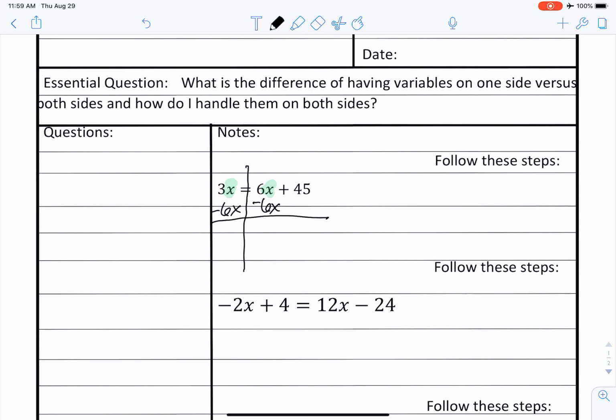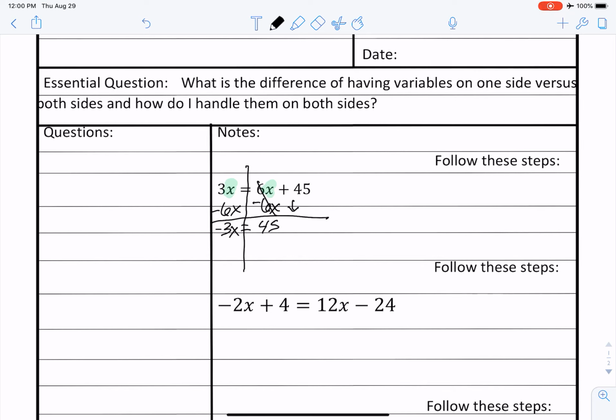On the left, I have 3x minus 6x, and that's going to give me a negative 3x. Bring down my equal sign. 6x minus 6x is 0, but we don't write that number down. We bring down our 45, and then we continue to solve a normal equation.